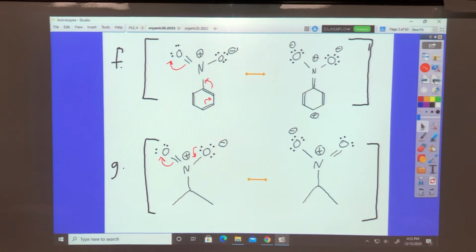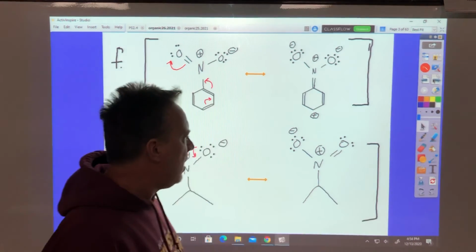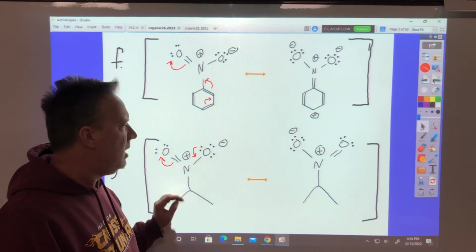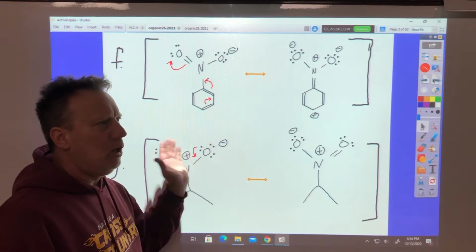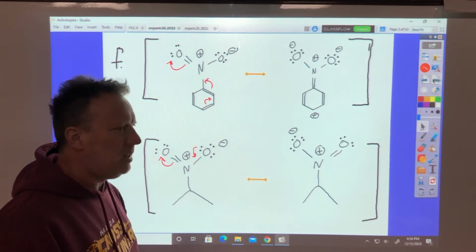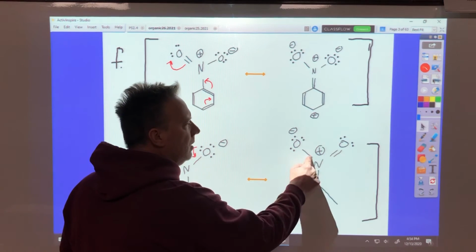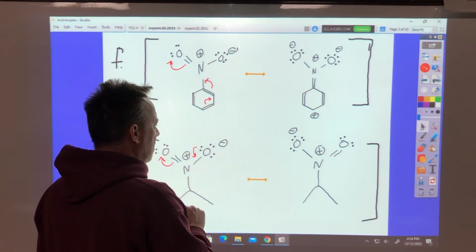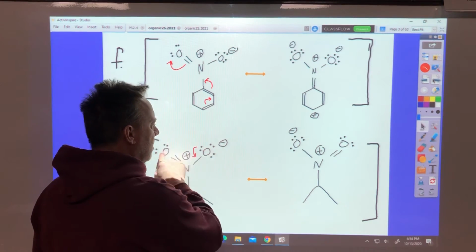Now, remember when you draw your resonance, put a bracket around it, put the double-headed arrow in there, and it's basically meaning to say that it looks like it's both of these, it's got some character of these at the same time, that there's a double bond character here and here. There's positive charge character here for sure, but there's negative charge character here and here.